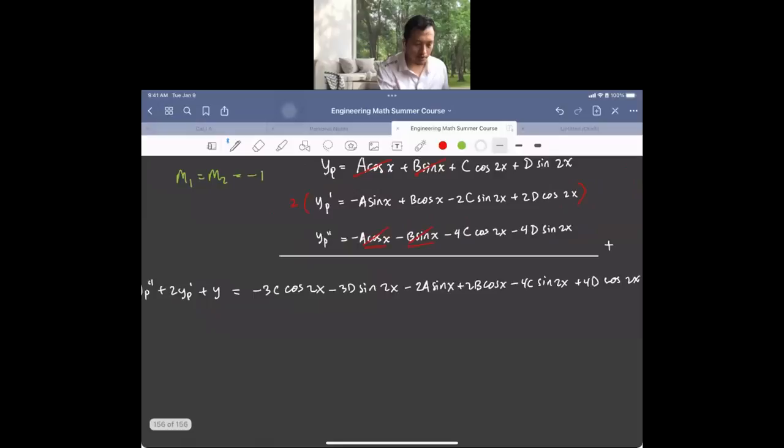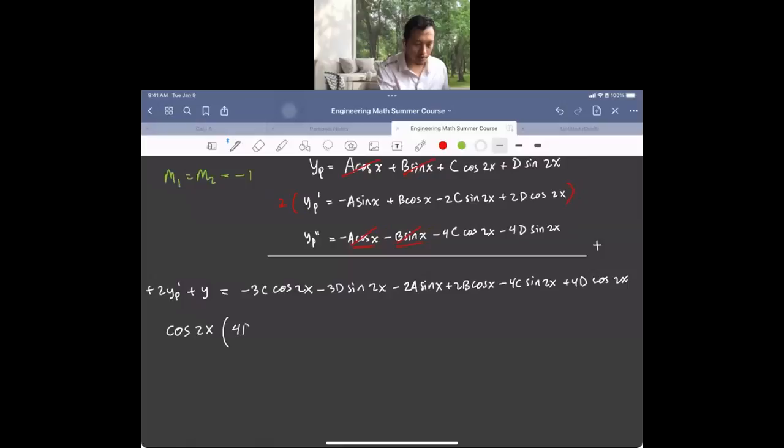Now the idea is to combine or regroup. So cos 2x is 4d minus 3c, right?